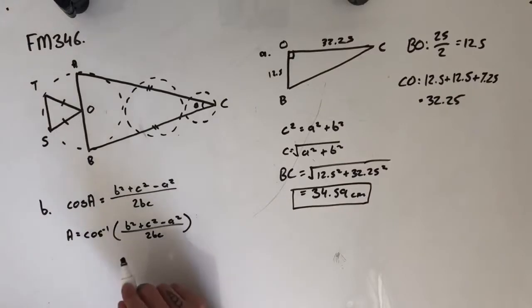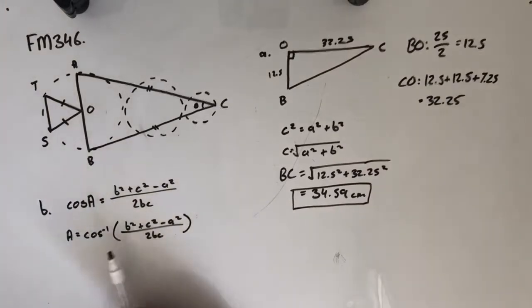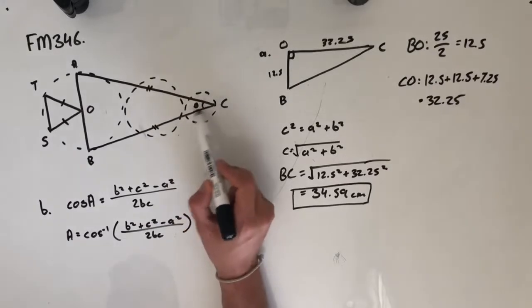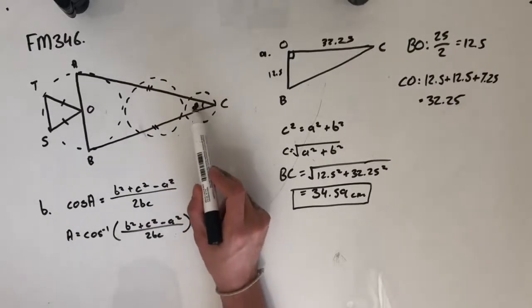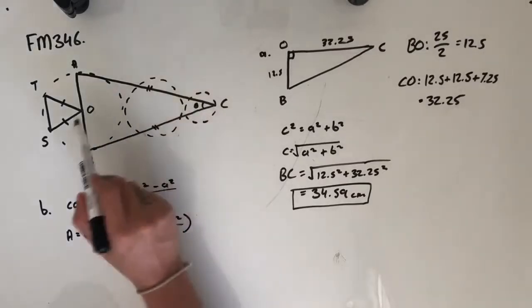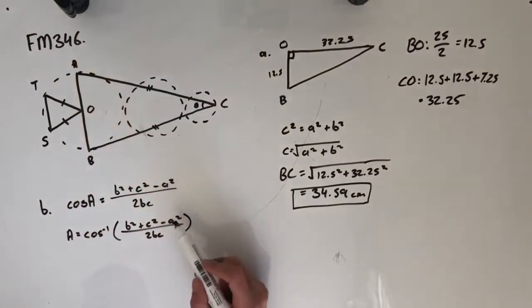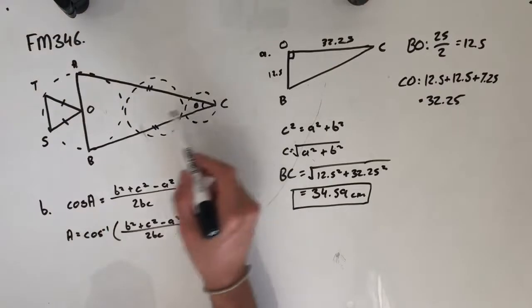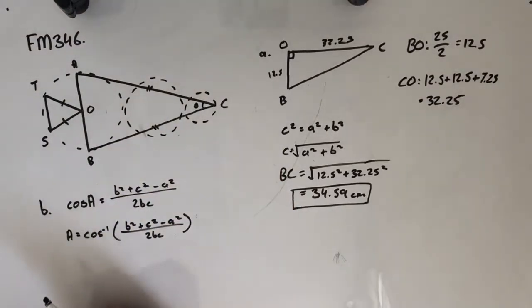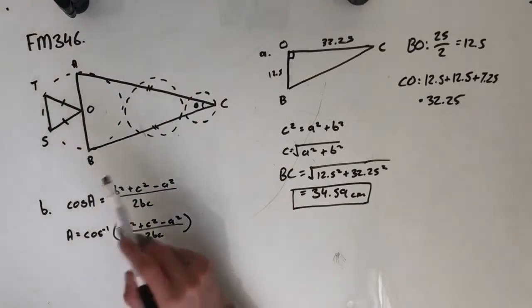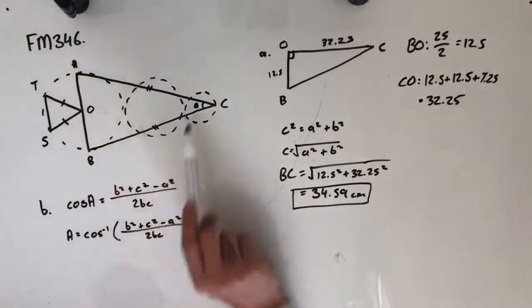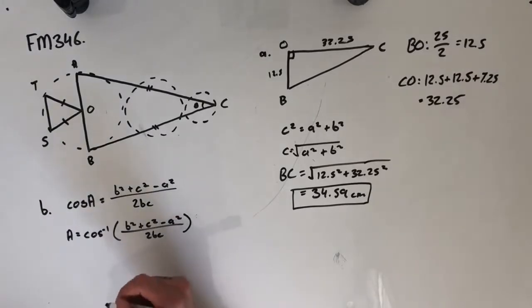And from here we've got to sub some values in. So b and c represent the edges that are either side of the angle that we're looking for. Since we're looking for this angle here, angle A means side a is directly opposite, so that's going to be this guy here. So our little a we're going to represent with a value of 25. And then of course these edges, the two equal edges, we found the length of BC to be 34.59 before, and we're going to use that in here to find the angle.